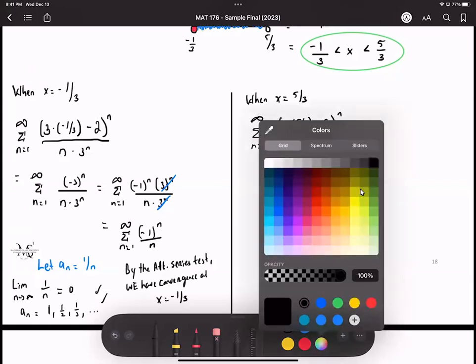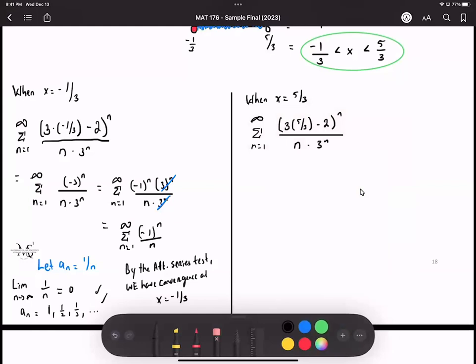But if you look at the numerator, 3 times 5 over 3 is going to be 5. So 5 minus 2 is 3. So we get 3 to the n on the top. So this is equal to 3 to the n over n times 3 to the n. Well, the 3 to the n's will cancel, and you will have the following series. n equals 1 to infinity of 1 over n.